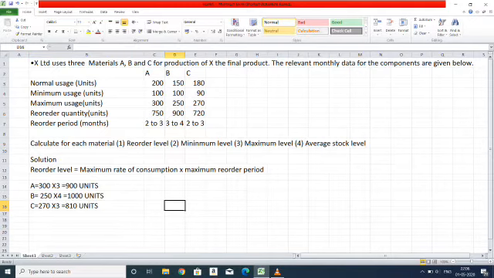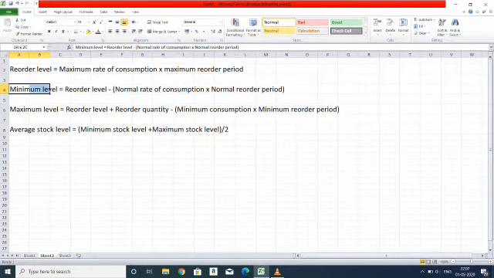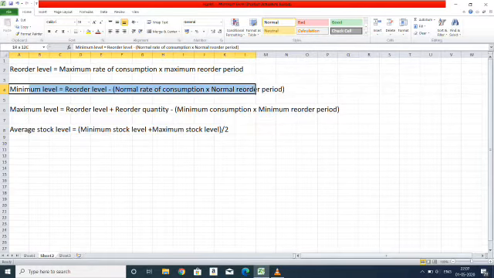Secondly we have to calculate minimum level. Minimum stock level is equal to reorder level minus normal rate of consumption into normal reorder period.